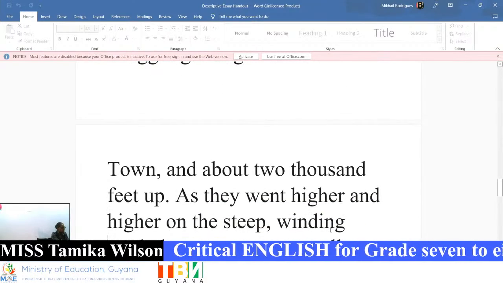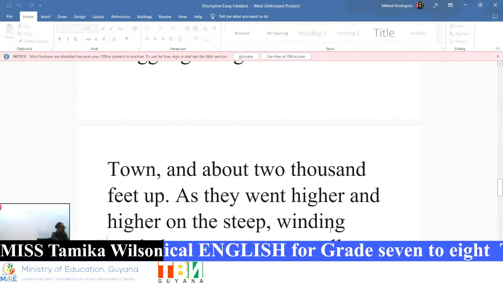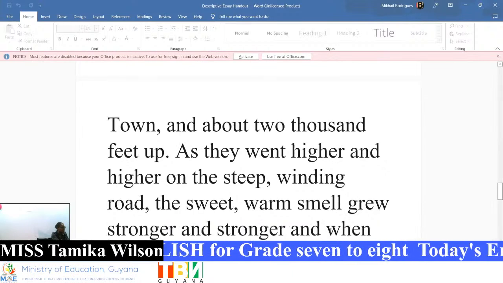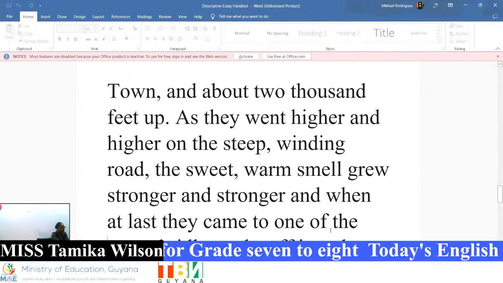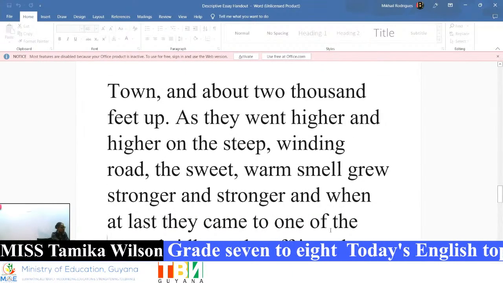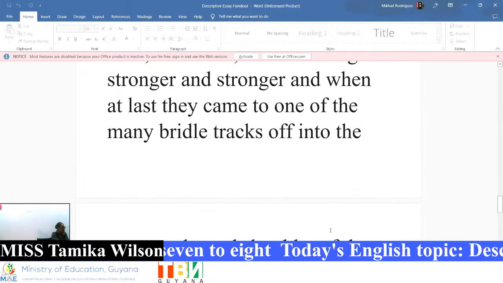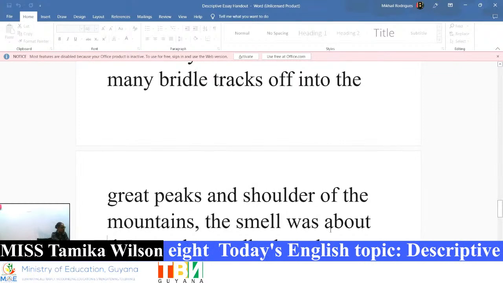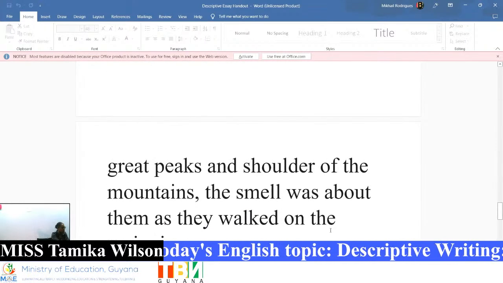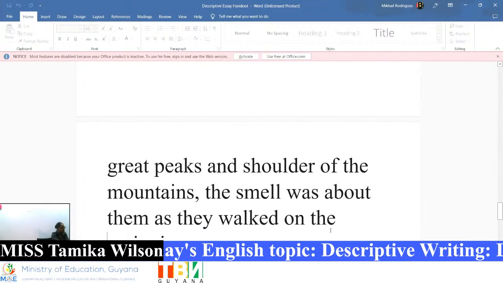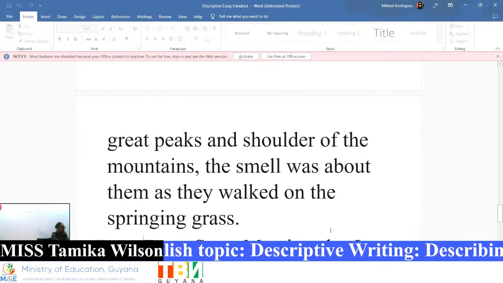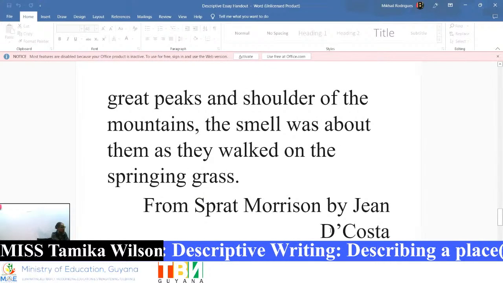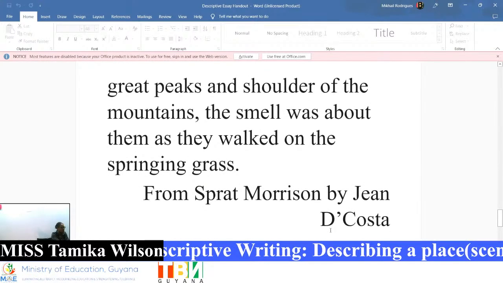As they went higher and higher onto the steep, winding road, the sweet, warm smell grew stronger and stronger, and when at last they came to one of the many bridle tracks off into the great peaks and the shoulders of the mountain, the smell was about them as they walked on the springing grass. And this is taken from Sprat Morgan by James DeCosta.